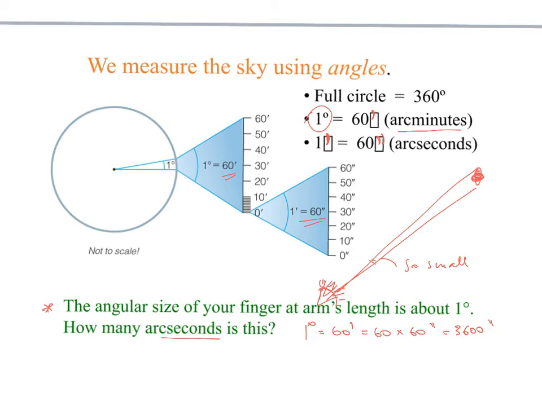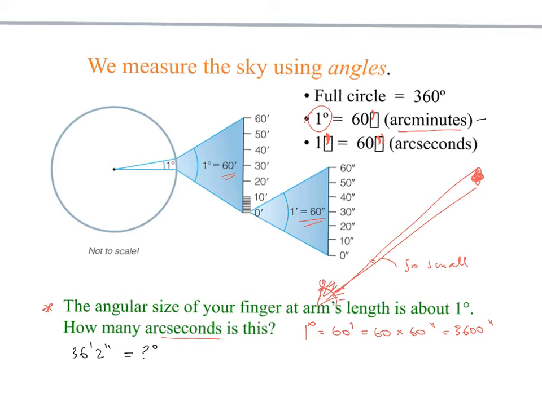Another example would be, what if something, say a cluster or another galaxy, is as big as 36 arc minutes and 2 arc seconds. How many degrees is it? I'm making this up. How are you going to go back from arc minutes and arc seconds into degrees?